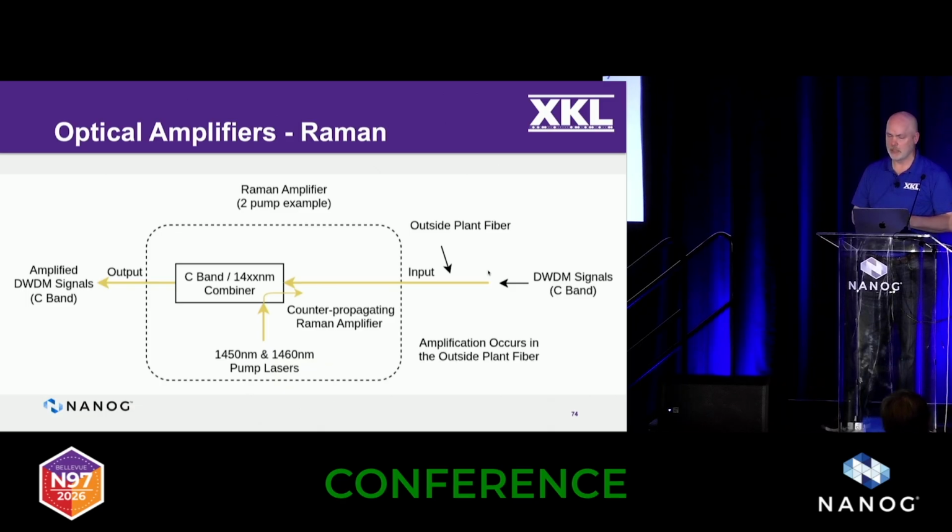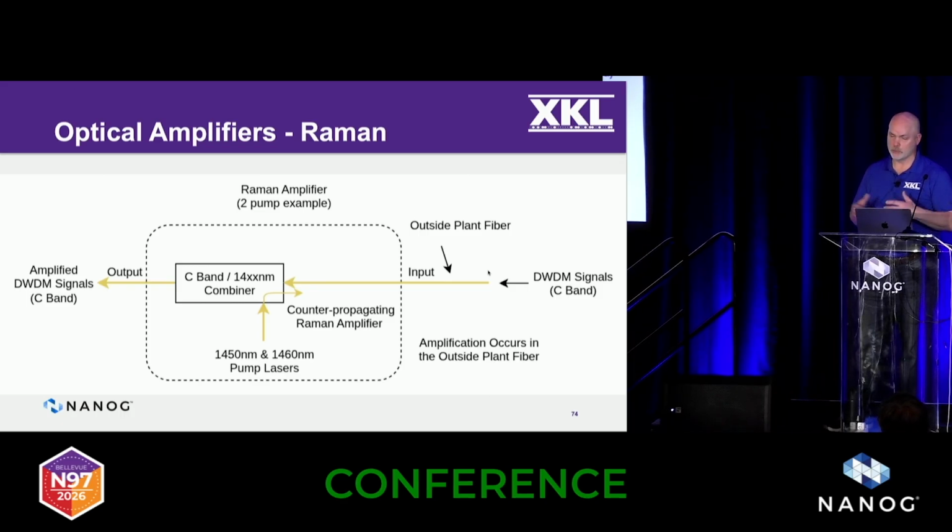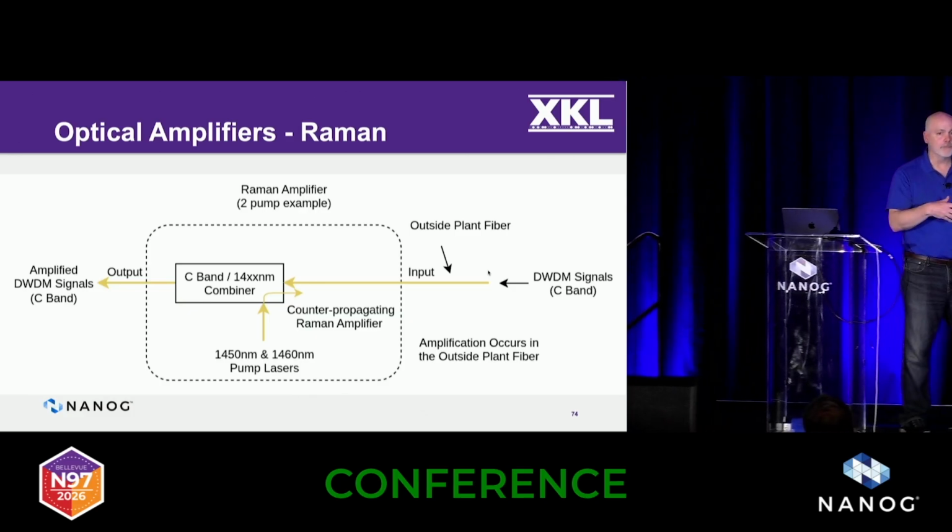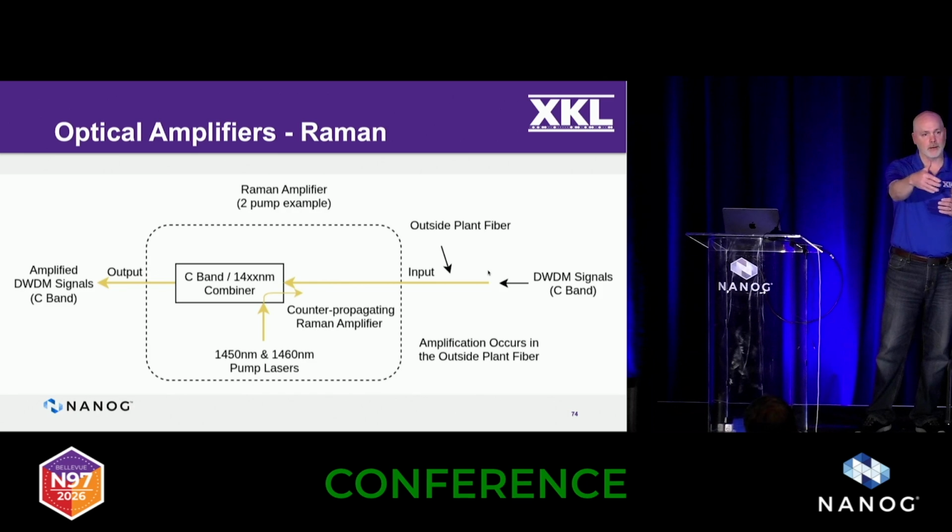So Ramans are typically operated in this counter-propagating mode because you can put in safety features. Now I can, for example, inside the Raman amplifier, I can see a very low power C-band signal, and I'll know the fiber is connected. It's all there. I can see a little bit of C-band. Oh, okay, I think I'm okay.